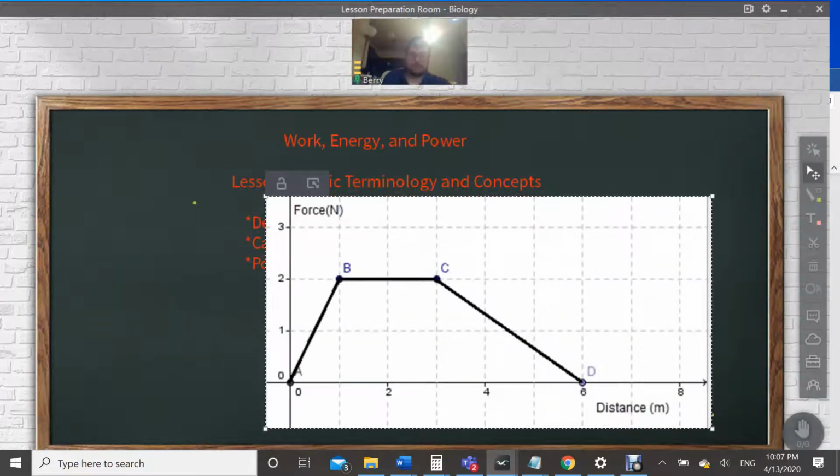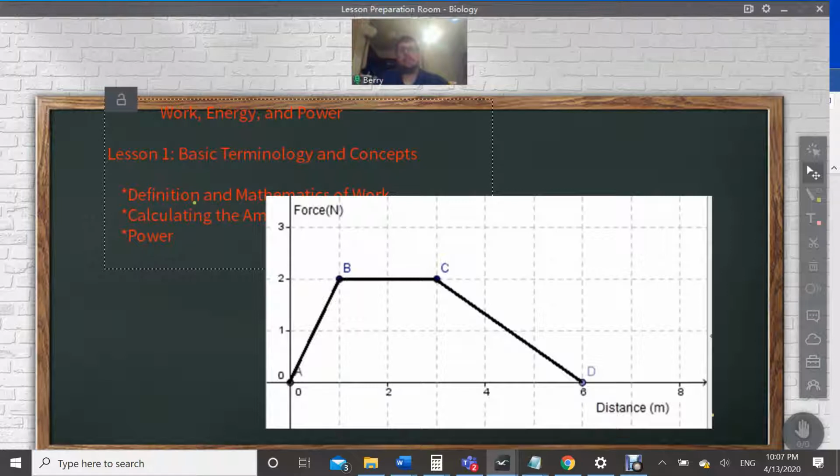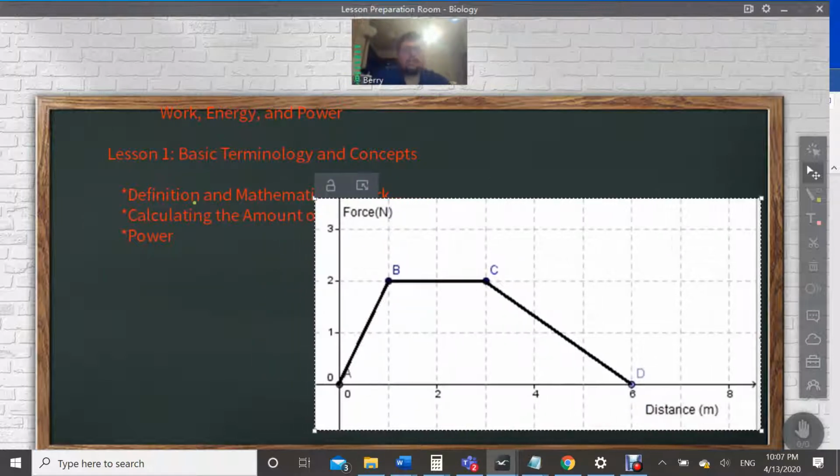There we go. Move this guy over. So the challenge of this is being able to read a graph and to understand the information that's in the graph. We're asking about the work. The work is the force times the distance.